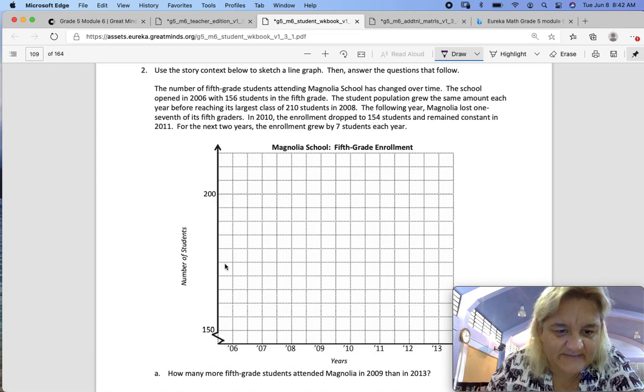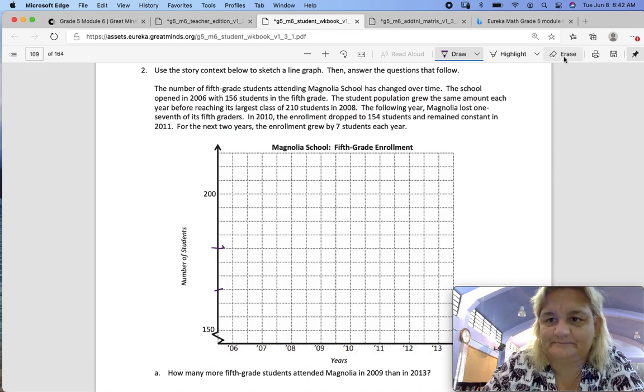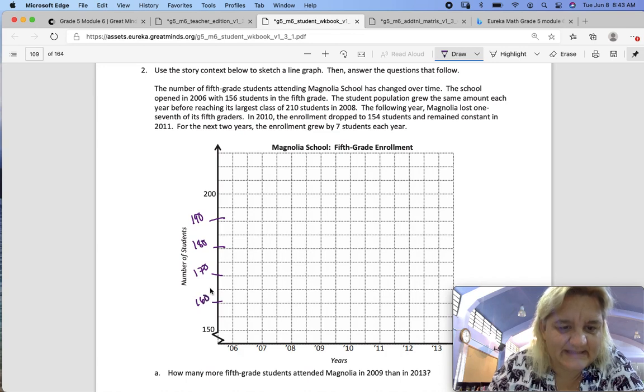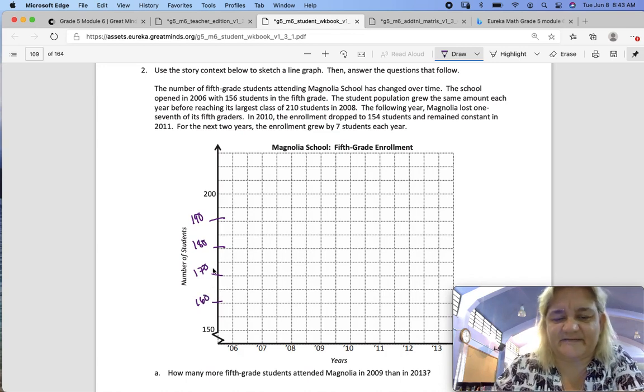Okay, so from here to here we have 60, 70, no, that's not right. I'm going to say 60, 70, 80, 90. Okay, so 190, 180, 170, and 160. I'm going to draw those in. That's going to make it easier for us.